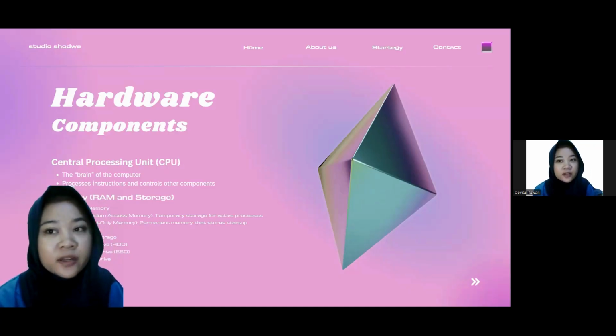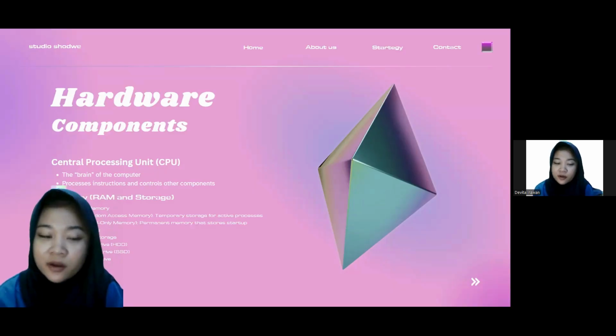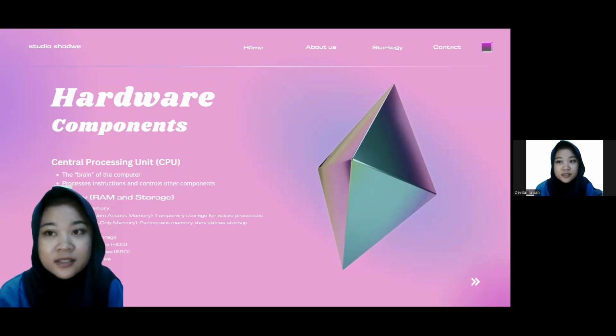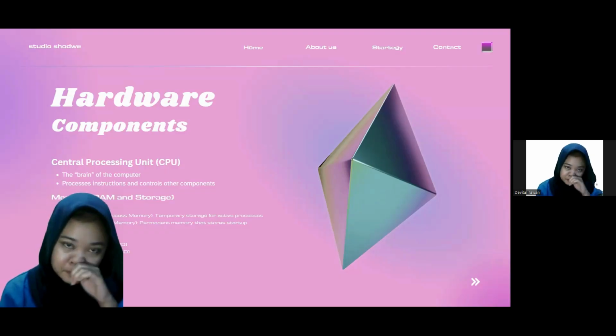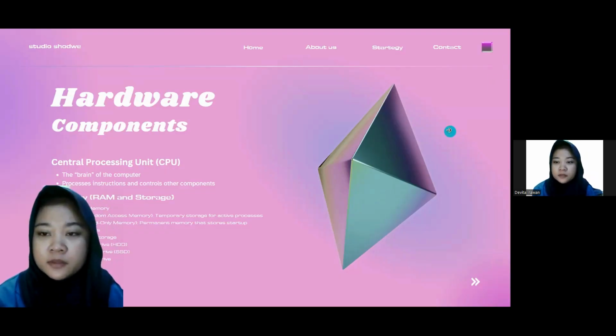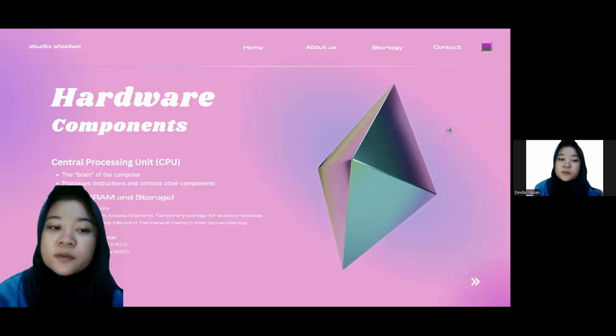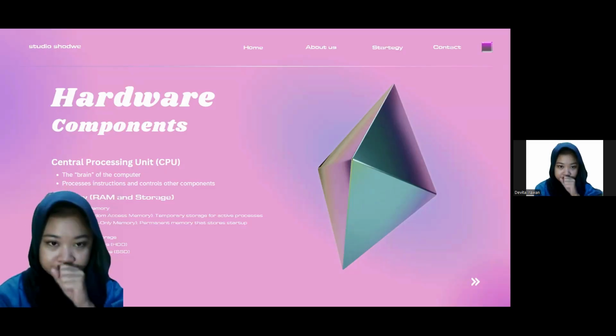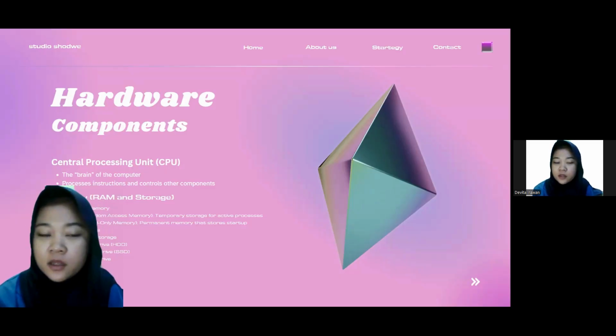It's something you can see and you can touch, guys. Examples of hardware itself, like hard disk, CD, DVD, must be so familiar when you hear those things.